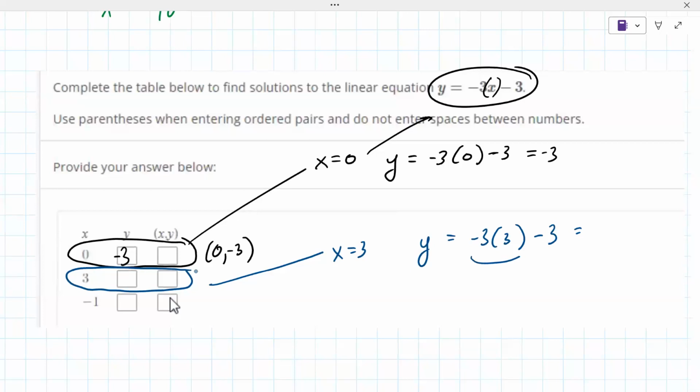So -3 times -3 is -9, minus 3. Would it be 6 since both of them are negative? Yeah, when it's the same sign, you keep the sign and then you add the numbers without the sign. Oh, okay. Ends up being -12. So you have 3 comma -12.